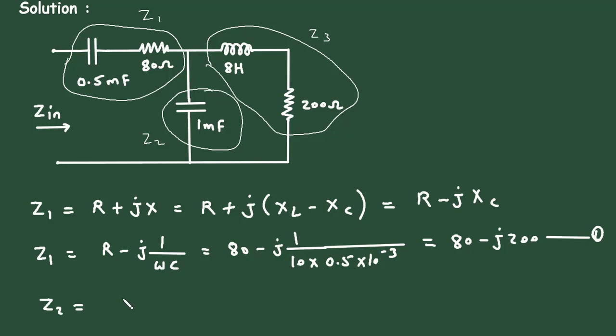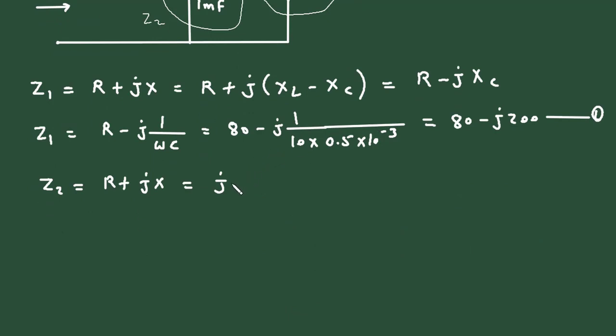So this will be only minus jXc, or we can write the full equation, that is R plus jX, so it will be R plus j(XL minus Xc). The inductive reactance is also 0 and the resistance is also 0.